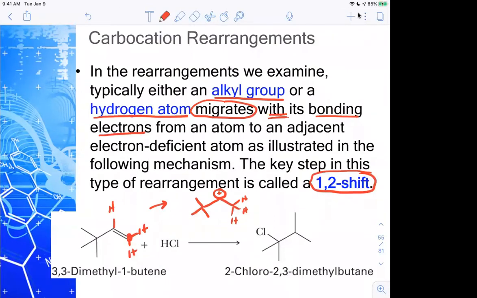Remember, if I add the chlorine to that carbon, I'm going to have to go through the primary carbocation. This is the carbocation that would result through Markovnikov addition. But notice this carbon is now this carbon, which happens to be this carbon. So the chlorine doesn't actually end up on that carbon.